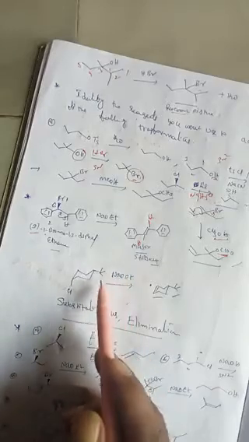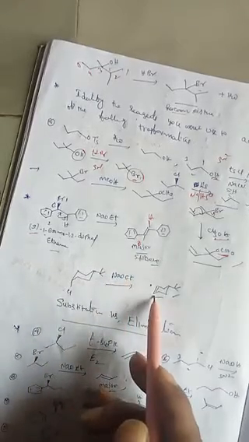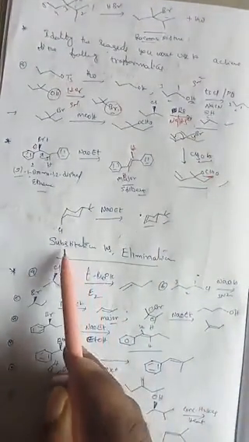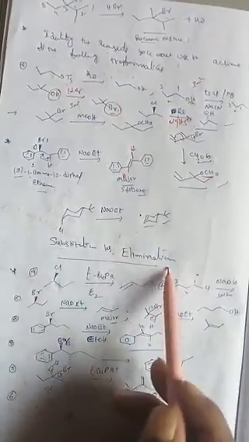Similarly, 4-tert-butyl-1-chlorocyclohexane reacts with sodium ethoxide, and the product is 4-tert-butylcyclohexene. Now the question is substitution or elimination, what is the expected product.